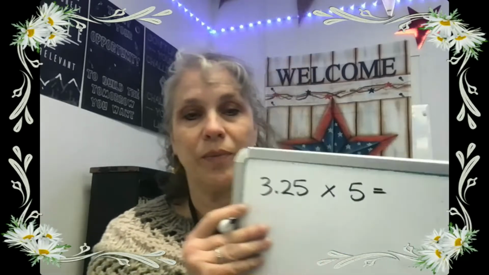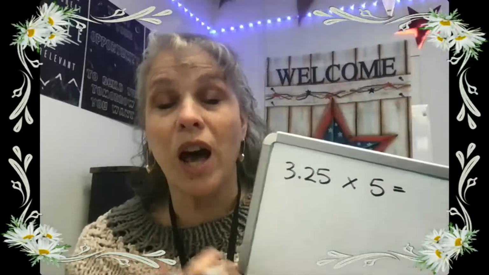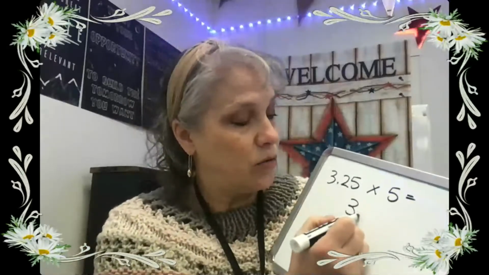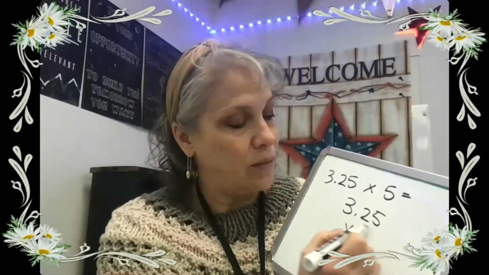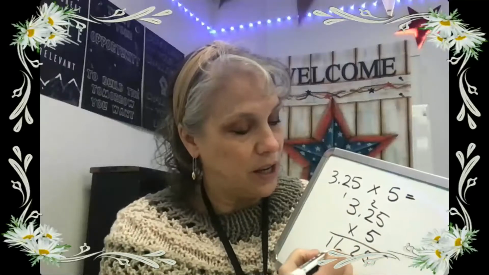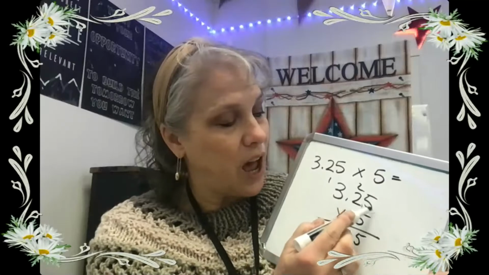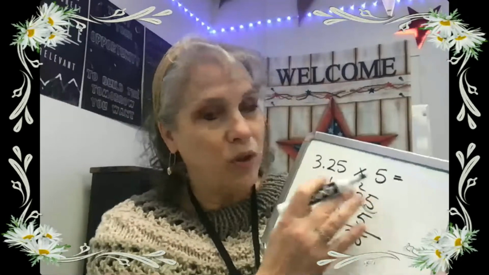When I multiply decimals, for example, if I had 3.25 times 5, I actually just multiply as I normally would. So 3.25 times 5, I multiply that out, 25, 12, 16, and then I count how many places I have in both factors.